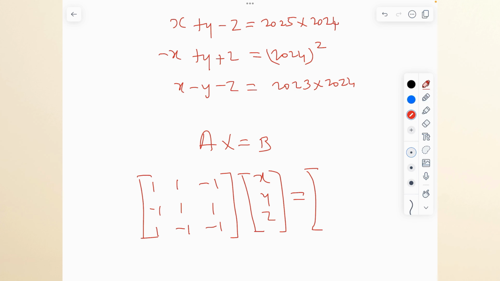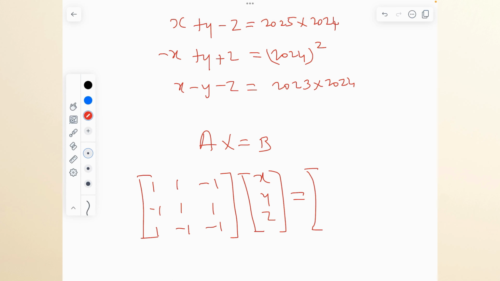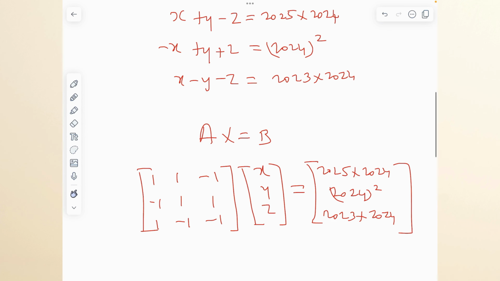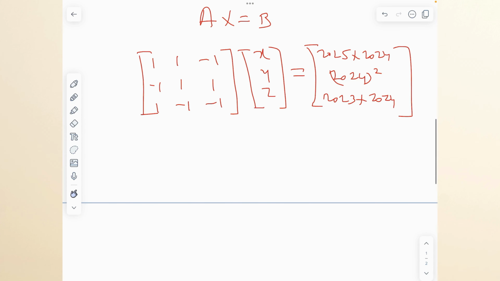The right hand side will be 2025 into 2024, next 2024 the whole square, next 2023 into 2024. So these equations are now in matrix representation Ax is equal to b.